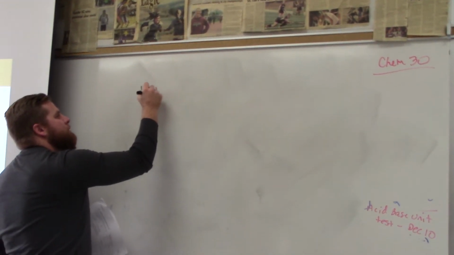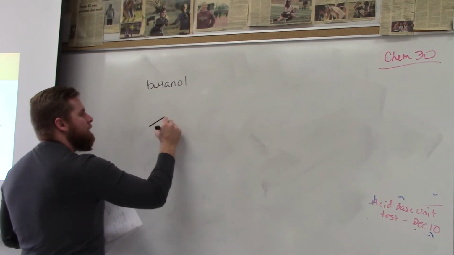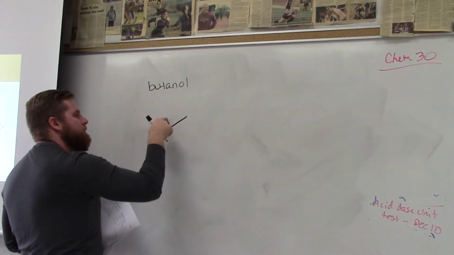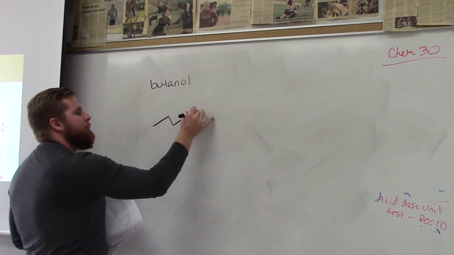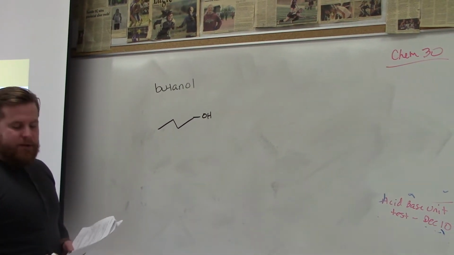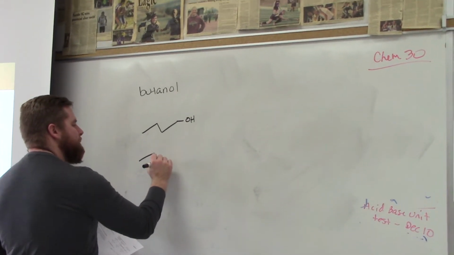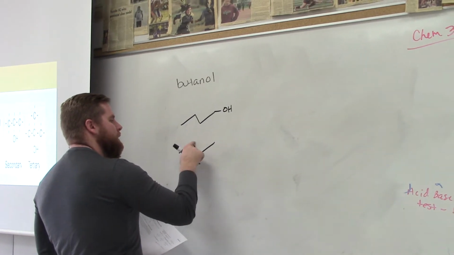This is butanol. If I were to draw a line structural diagram, 1, 2, 3, 4, there would be a hydroxyl attached to that. That would be butanol. This would also be butanol. So 1, 2, 3, 4.